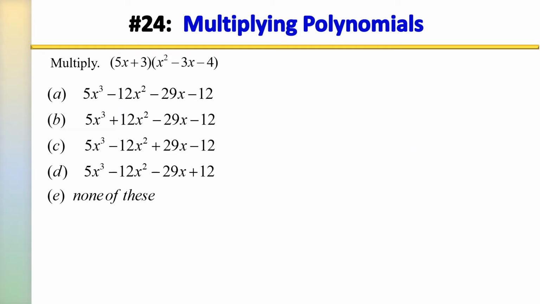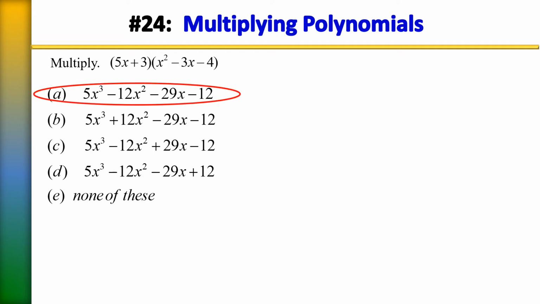Number 24, multiplying polynomials. So what is the correct answer? Choice A. So notice here you're multiplying a binomial with a trinomial.